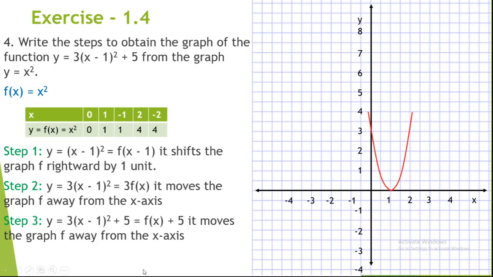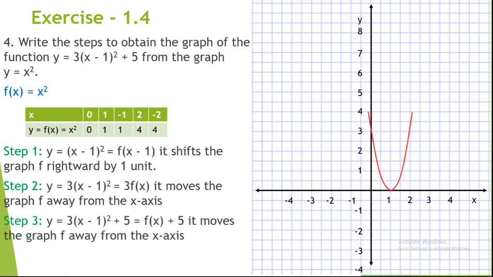Now coming to the third step, we have to add a 5. Adding 5 is nothing but adding a constant to the function. When you add a constant to the function, what will happen? The graph will shift upwards 5 units. I'll show that.